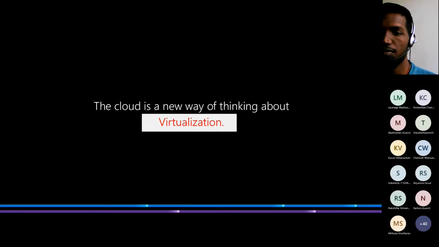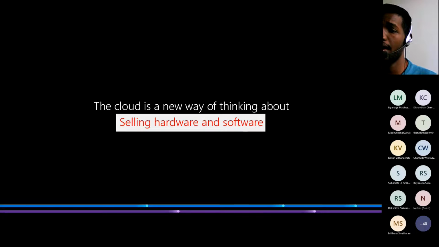We will look at the demo, how we can create a virtual machine for our day-to-day use. This is where it's getting closer to us, right?